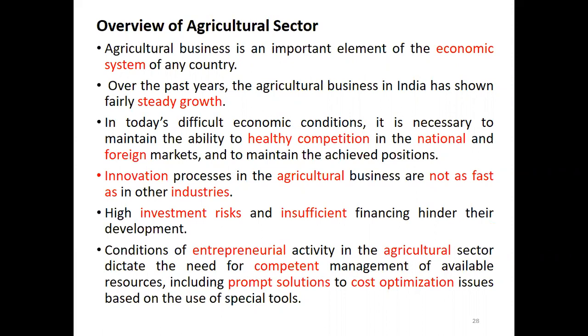Getting this? So whatever is the country's income in the form of direct taxes, indirect taxes and other revenues, a major portion of the country's income goes to develop the agricultural sector.